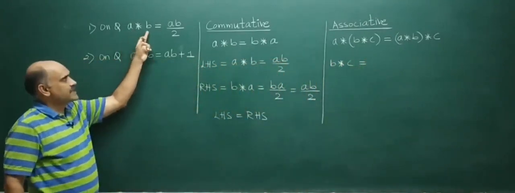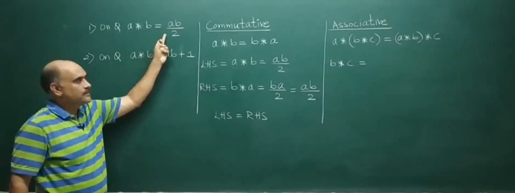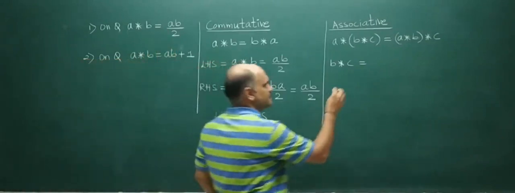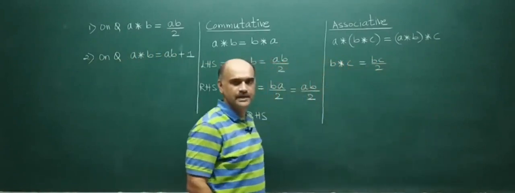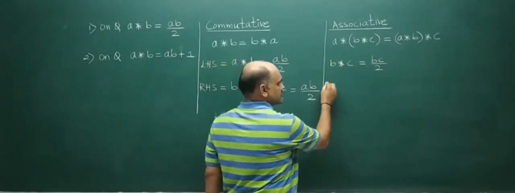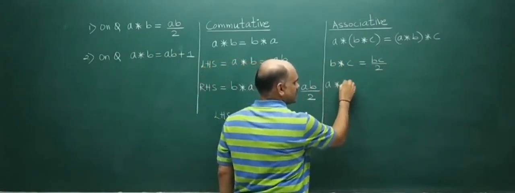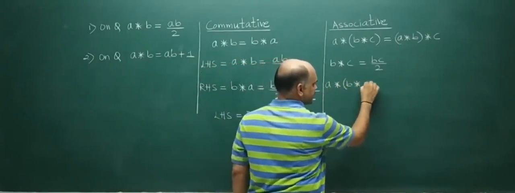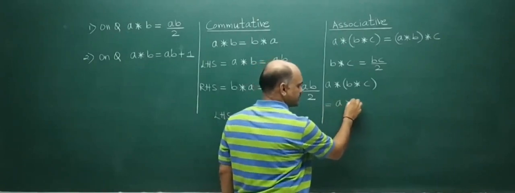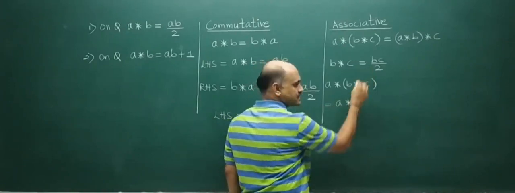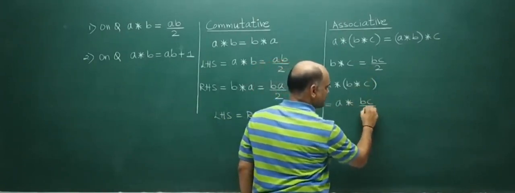By definition, A star B is AB by 2. So B star C will be BC by 2. So A star (B star C) is equal to A star, and B star C is nothing but BC by 2.